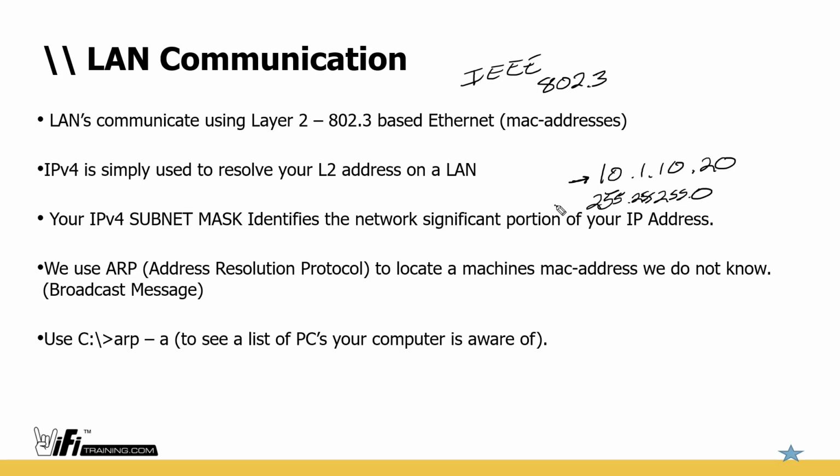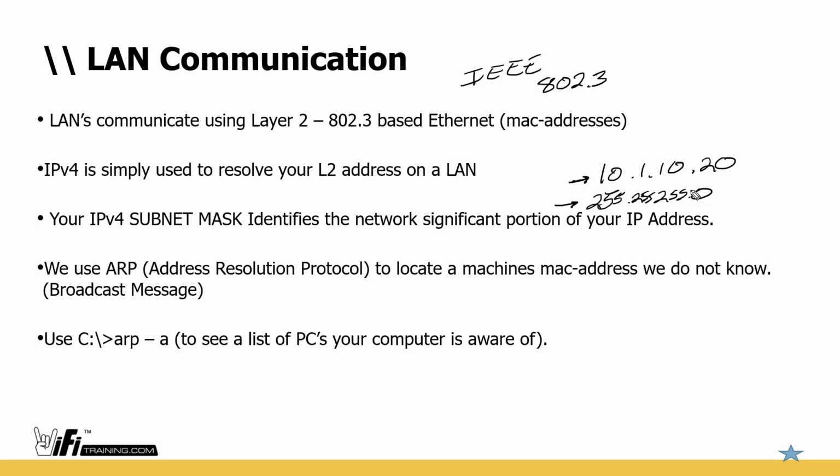The bottom portion here is what's called a subnet mask. We're going to dissect all of this in a later module, but that identifies the network you are on, the LAN you're on. Just know that it identifies the network significant portion of your address, which means just like there were 2 parts to a MAC address at layer 2, where you had the OUI and the actual host ID, at layer 3 there's also a network portion and a host portion.